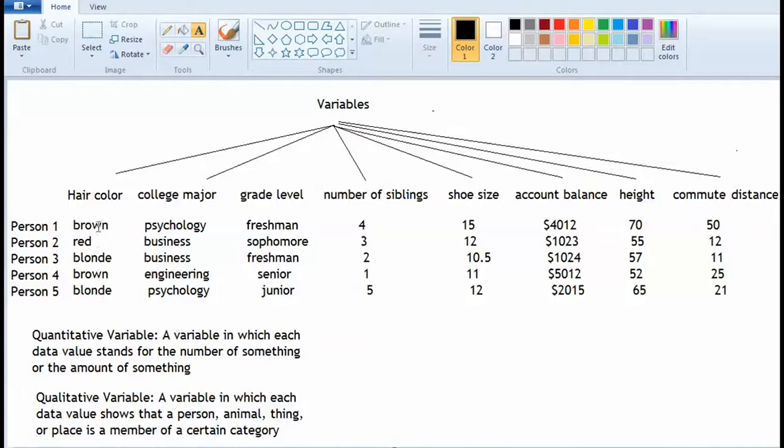For example, this data value right here shows that this person is a member of the category of people who have brown hair. This data value right here is showing that this person is a member of the category of people who are college sophomores. This data value right here is showing that this person is a member of the category of people who are psychology majors.